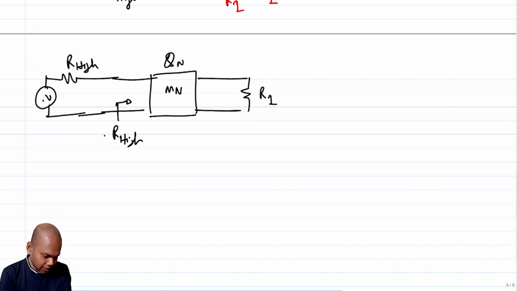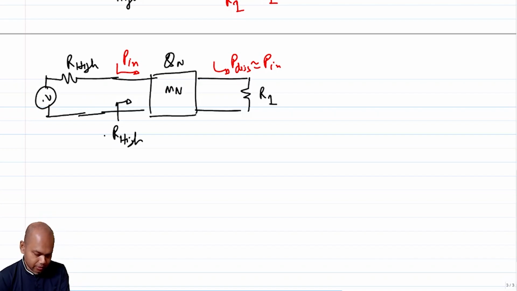So if the matching network is working properly, which means the impedance looking here is R high, correct? If the network is matched, the power that is going in is approximately equal to the power coming out, the power dissipated. This is power in, right? Hence we are saying that Qn is equal to omega times energy stored divided by power delivered or dissipated.